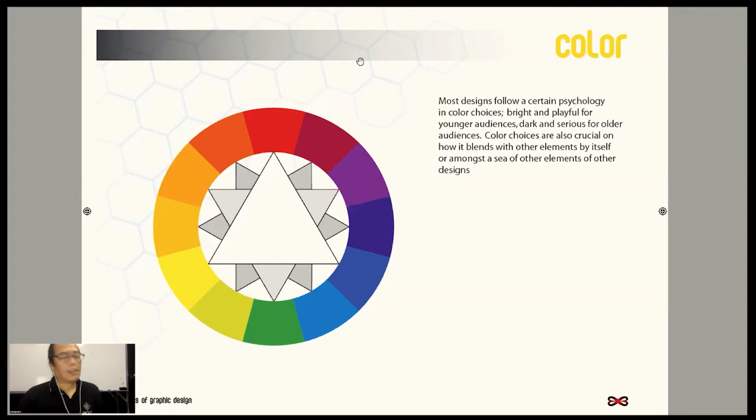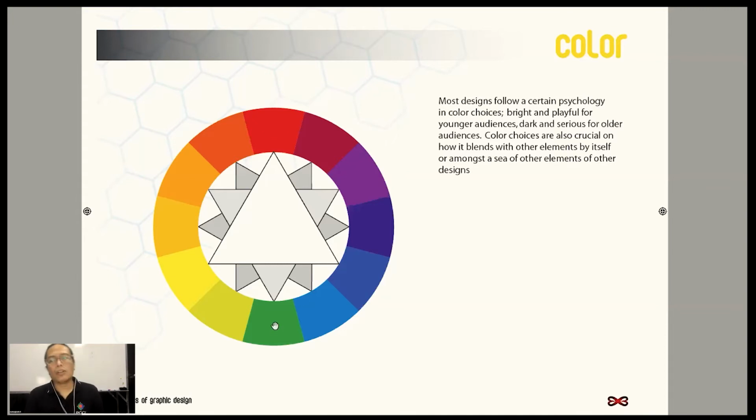Now, what is this on your screen? What do you see here? Color wheel. The color wheel is something we use to determine color combinations or color themes. For example, earlier we saw Pringles. The main color of Pringles is red.